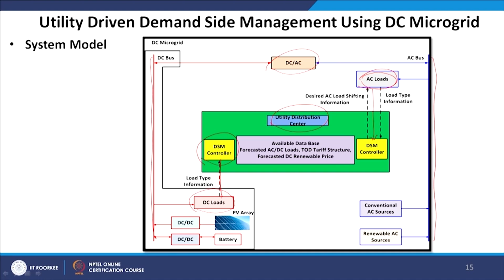The controller command to my devices will reach based on the market price as well as the time of the day price being used as a tool to control the load shifting, so that the overall electricity bill for the consumers can be minimized and the peak requirement of the utility can also be reduced.